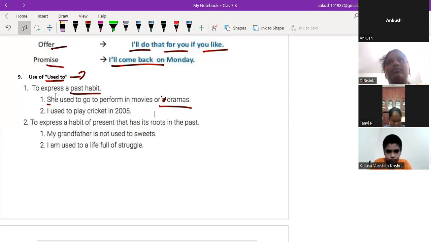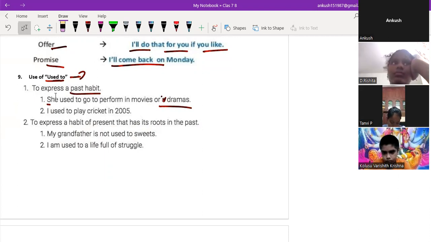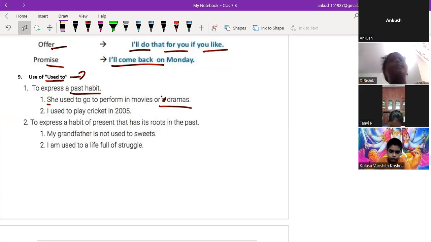For example, you had a habit of going out of the gate, or riding the bicycle. Lots of things might be there. So suppose your mom or dad or someone is telling you about your activities in the childhood, when you were a kid. That person will use "used to," meaning किया करते थे.